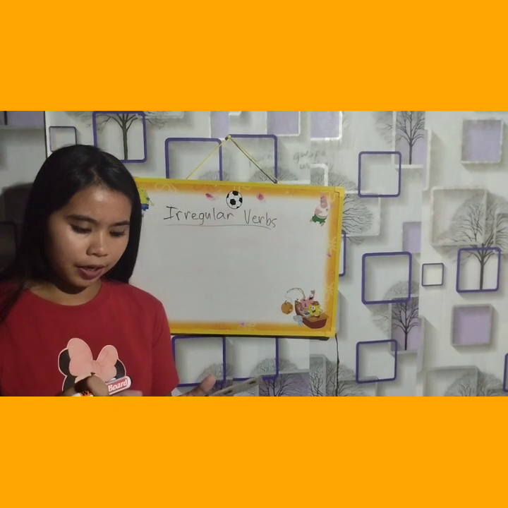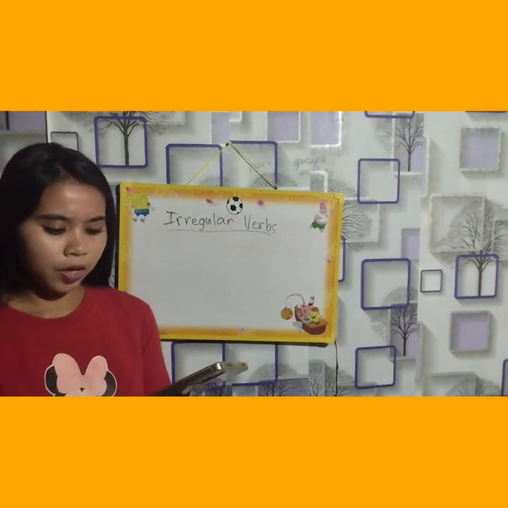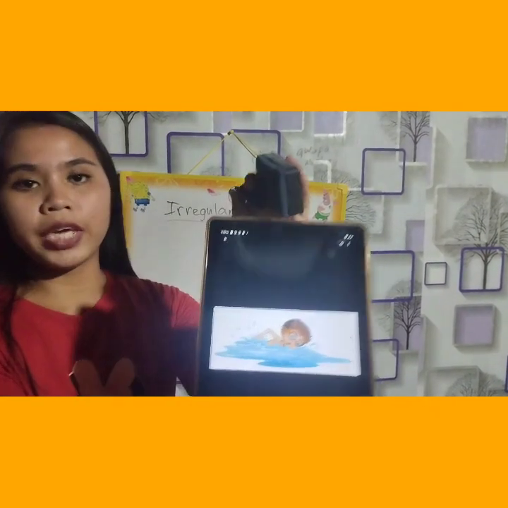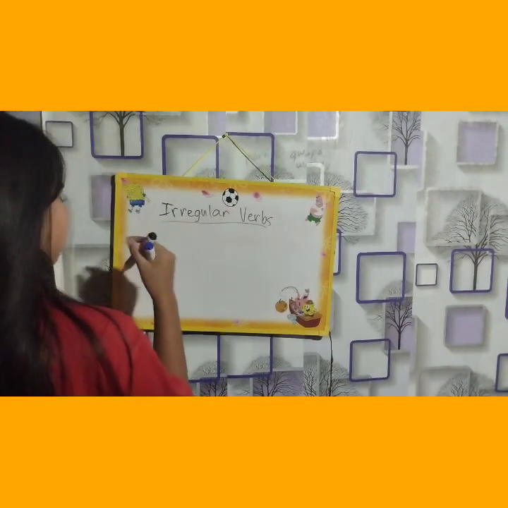Irregular verbs do not form their past tense by adding d or ed. So, to give you an example, I will show again a set of pictures and then give me the verb of its pictures. So, for the first one, we have swim.